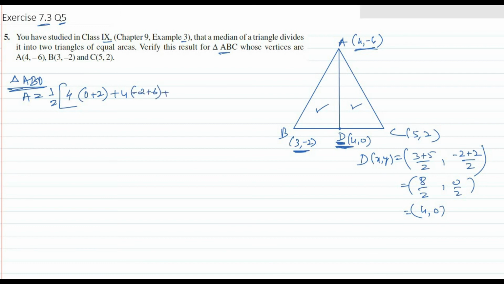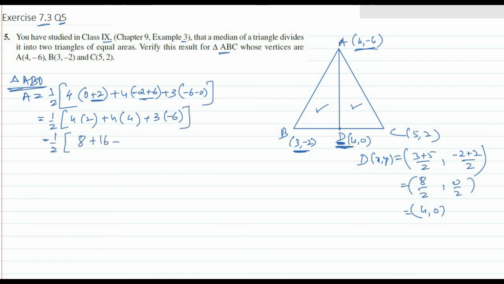Plus x3, this is 3, into y1 minus y2, that is minus 6 minus 0. So this is equal to half of 0 plus 4 into 4, plus 3 into minus 6. So half into 8 plus 16 minus 18, which is 6 by 2, which is equal to 3. This area is equal to 3 square units.